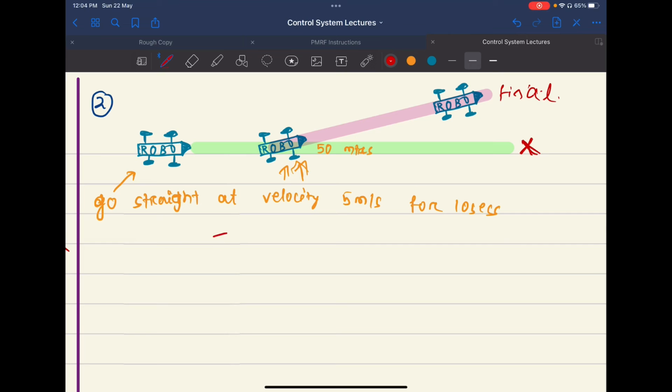If I add a speedometer in the loop, and the input is the reference velocity, which is 25 meters per second.